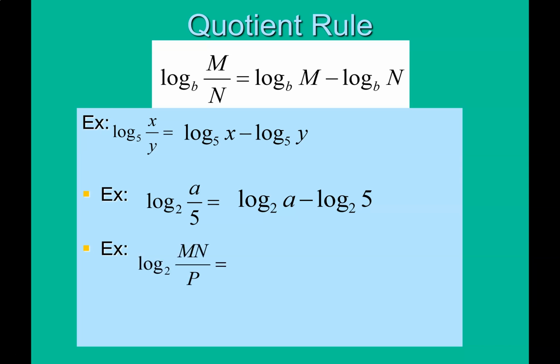All right, let's look at this one. This one's a little bit more involved. It has a little bit more stuff, okay? So for this one, what I would do is I would work with the numerator, the top stuff, okay? If I see there, it's m times n. So what should come to mind? M times n. That's product. Those are the examples we were working on the previous slide.